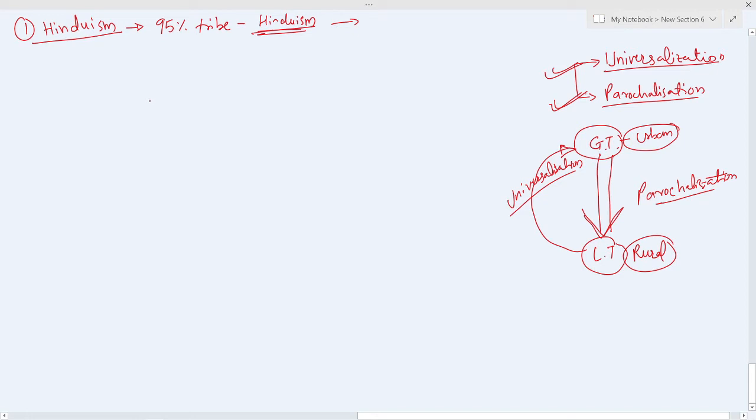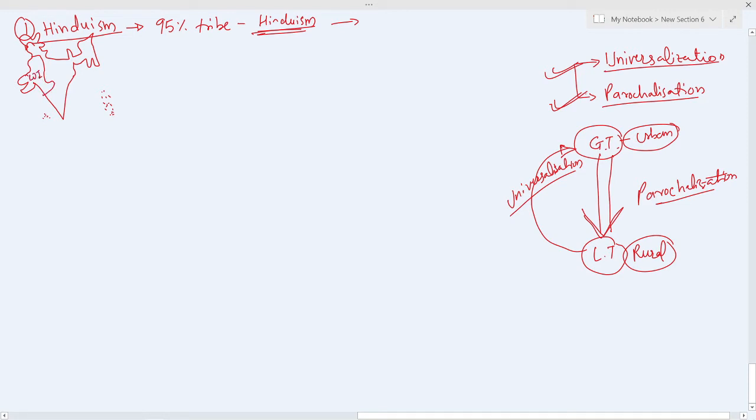British policy and means of communication opened up tribals to the outside world. Now, if we talk about the areas which were basically affected, the Western India, for example, Rajasthan, Gujarat, and Maharashtra.